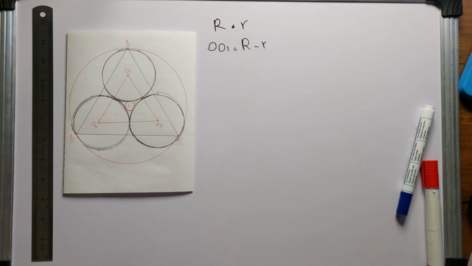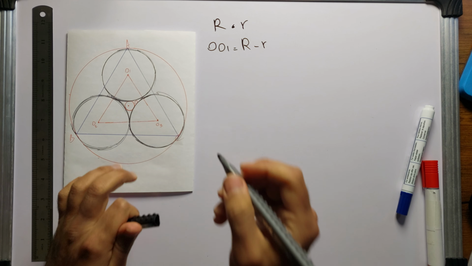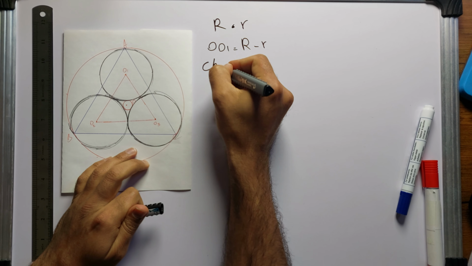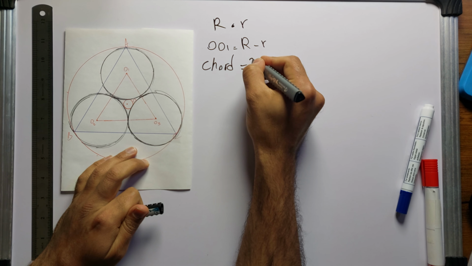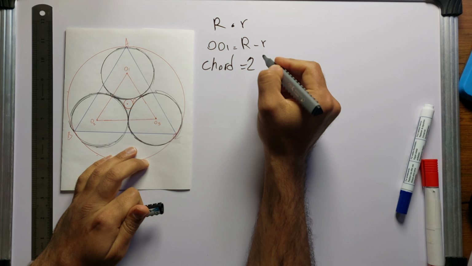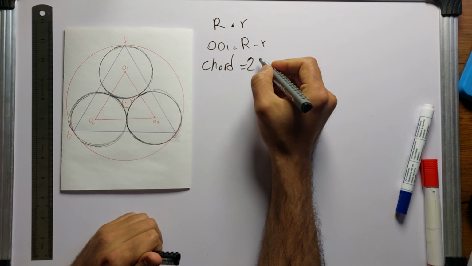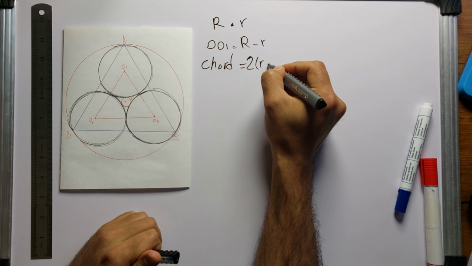In order to find the chord, we use the chord formula. The chord of any circle equals 2 times the radius times sine of theta over 2. In order to not confuse it with this r, I put it as a radius here.